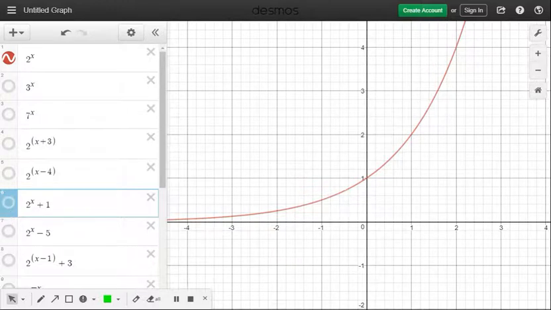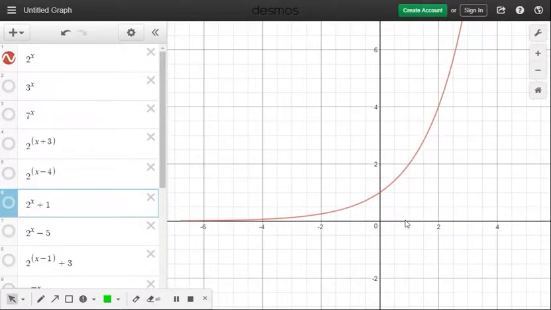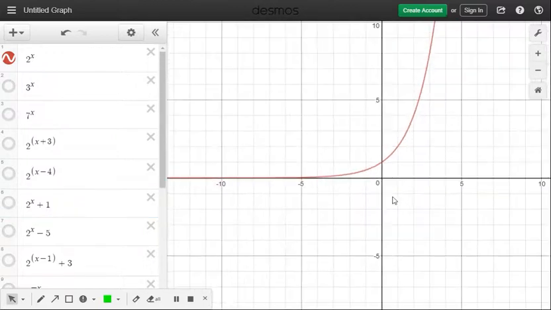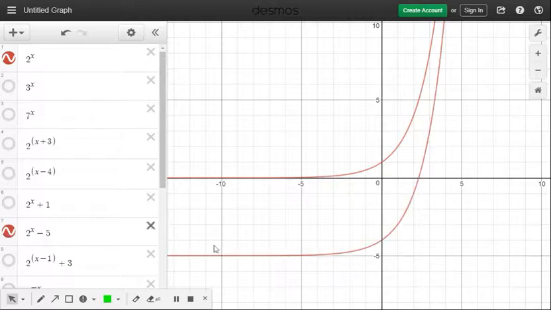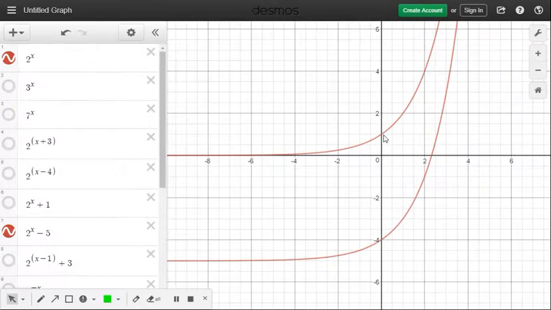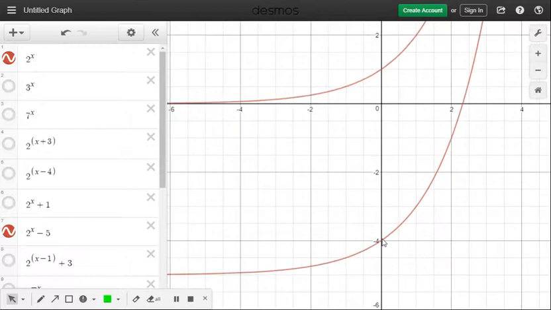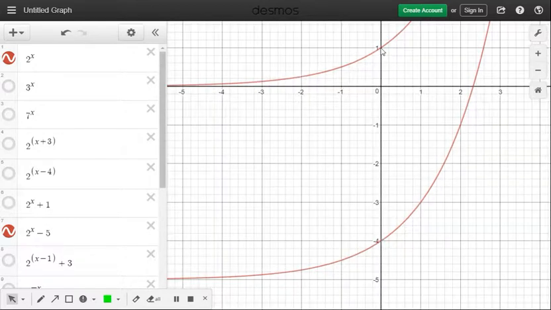What about if it's subtracting? If I zoom out, it's 2 to the x power minus 5. What's going to happen? Well, we see that it went down. It shifted 5 units down. If you take a closer look, here's 1.